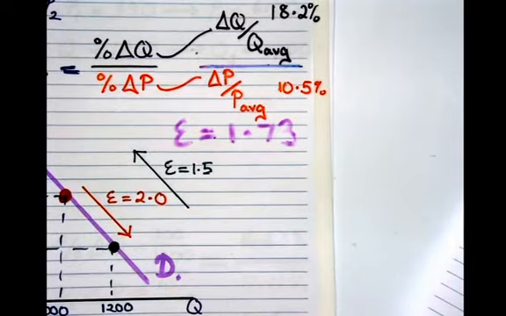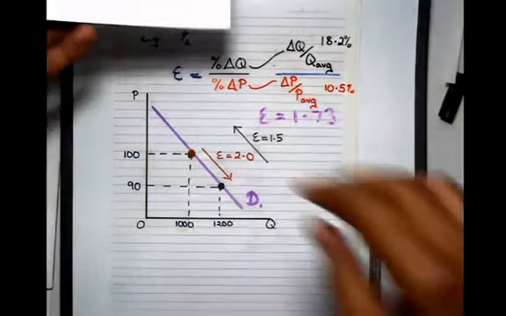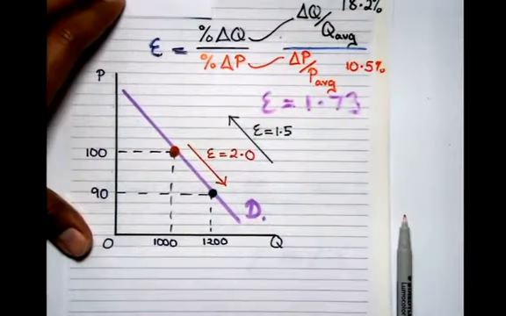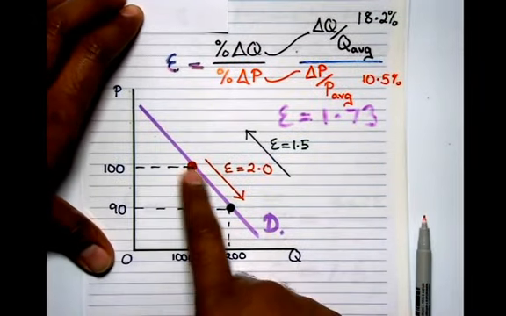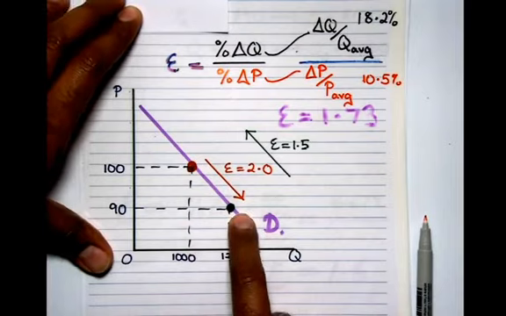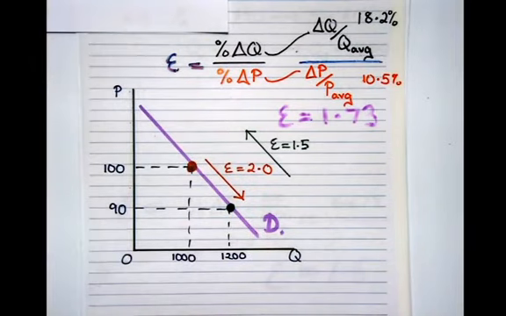Because what we are essentially doing is we're not referring to 100 or referring to 90, we're referring to the average, 95. So if you always refer to the average, it wouldn't make a difference whether the price went up or the price went down.